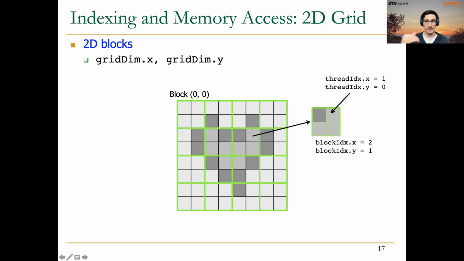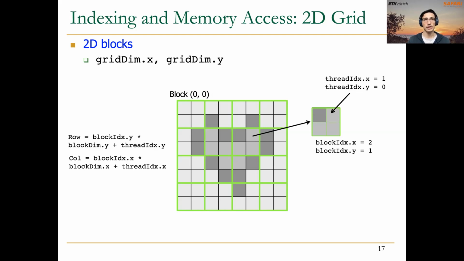And now, if inside a GPU kernel we want to tell each thread the specific pixel that it has to access, we'll have to calculate the row and the column of this pixel in the image. And the way to do so is by using block index, block dimension, and thread index.